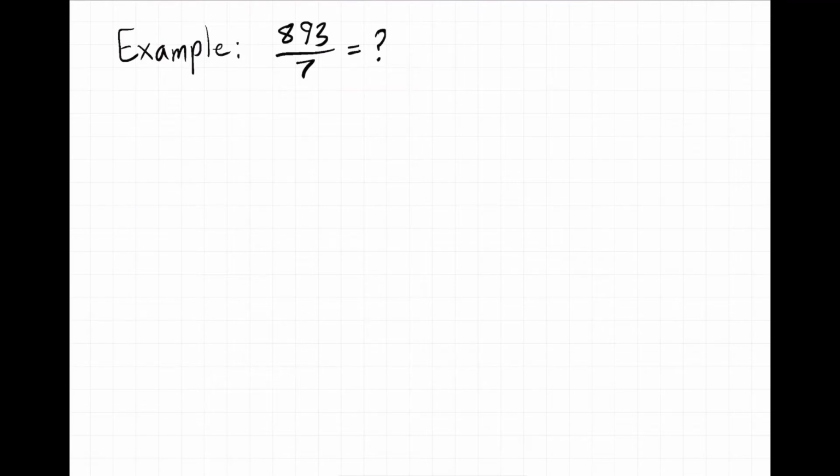We should be able to write this as an integer plus a proper fraction, that is something over 7. Now the problem is you can plug this into your calculator, take 893 divided by 7, and you will get an integer followed by a decimal point and lots of decimal places. That's not what we want here. We don't want a decimal expansion. We want to just have a fraction after the integer.